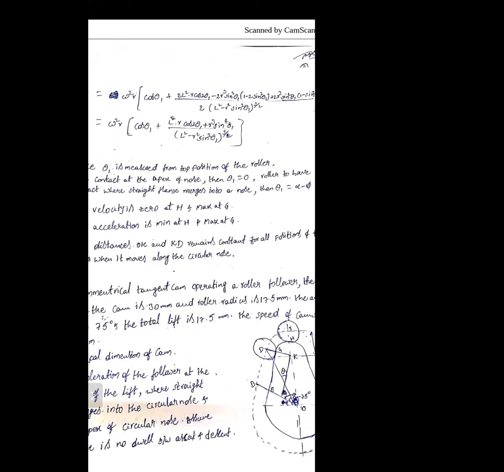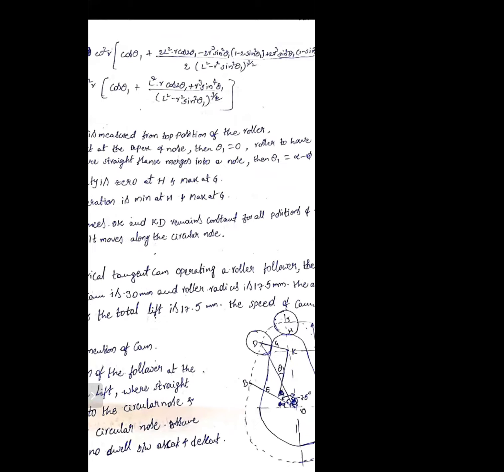The second point is that the velocity is 0 at capital H and maximum at capital G. Just observe their positions: H is here and G is there.